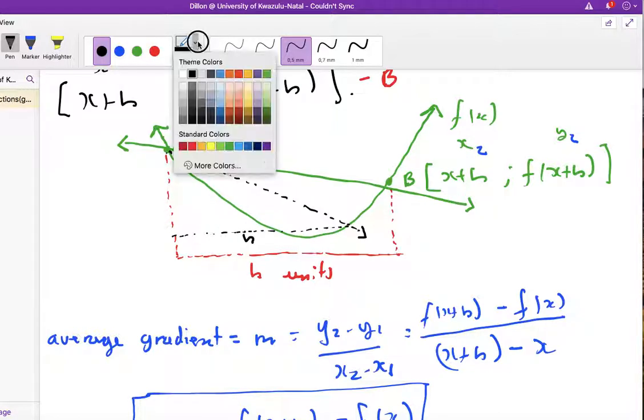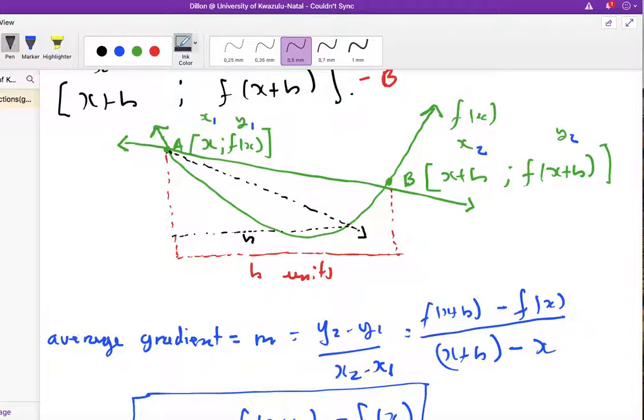Let's use another color. Hopefully you can see that this is purple. So this becomes our new h here in purple, so it's much smaller than the one in black.